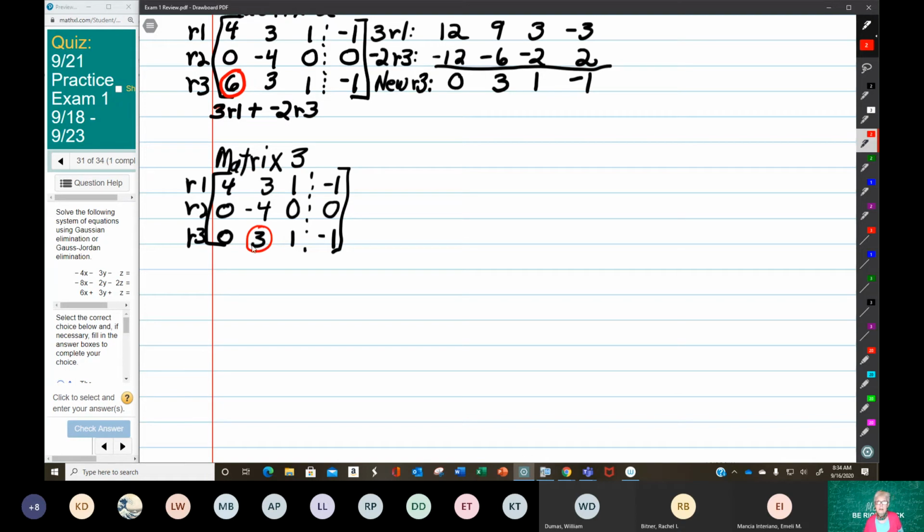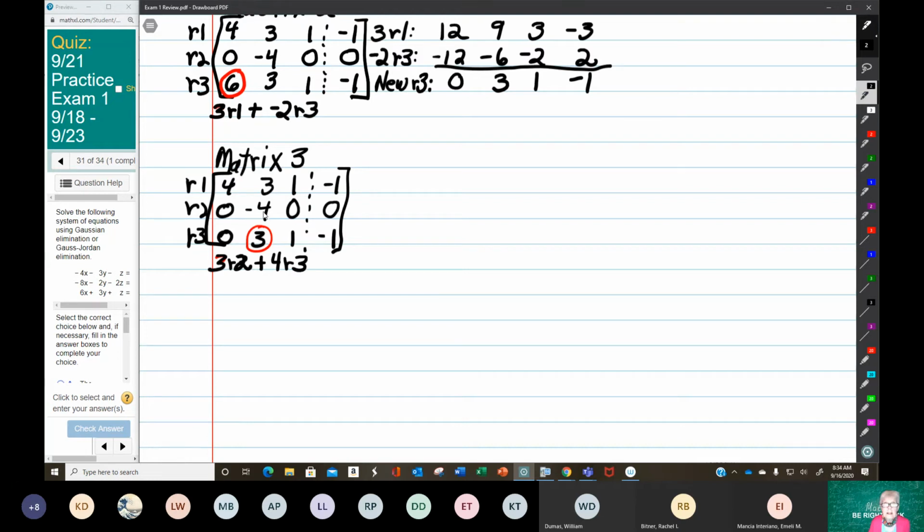And again, 3 times 4 is 12. So if I were to multiply row 2 by positive 3, three times row 2 plus 4 times row 3, this is what would happen.